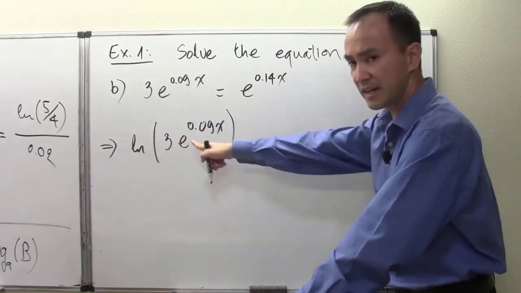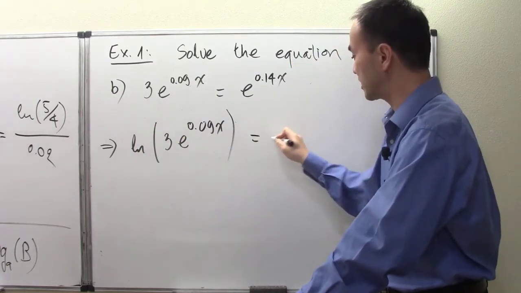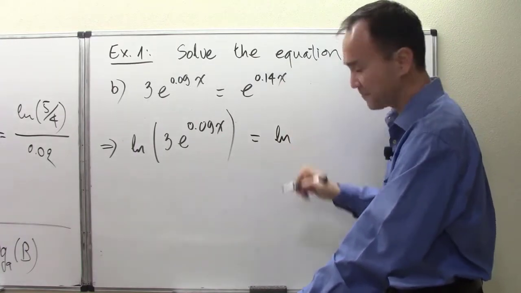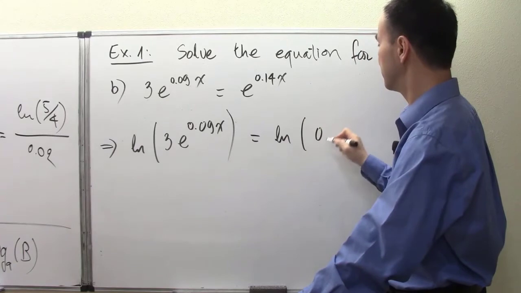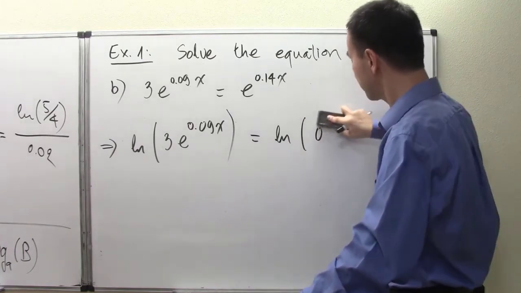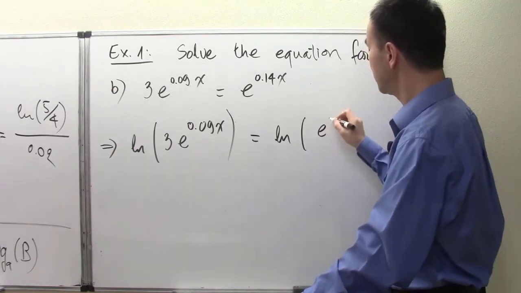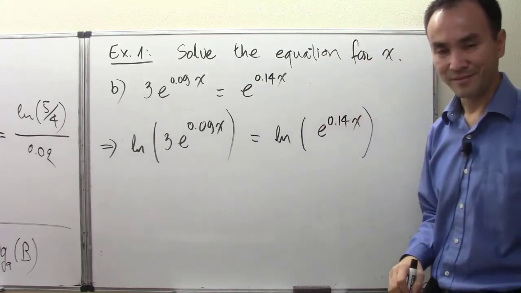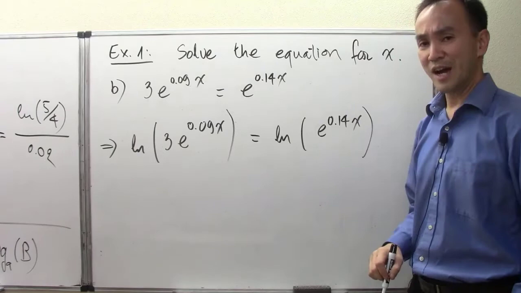If I did that to my left-hand side, I'm going to do the same, taking the logarithm base e, which is a choice, on the right-hand side, which was e to the 0.14x.